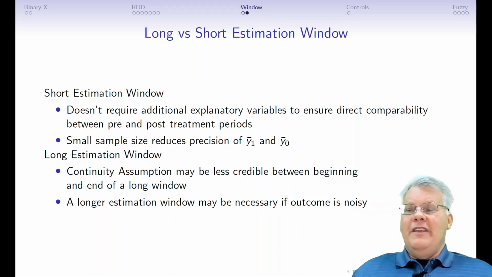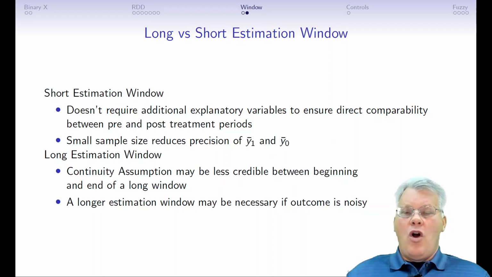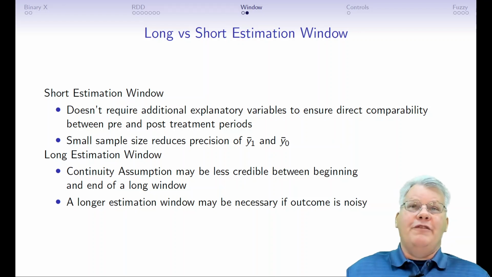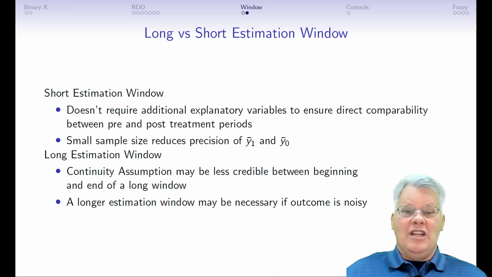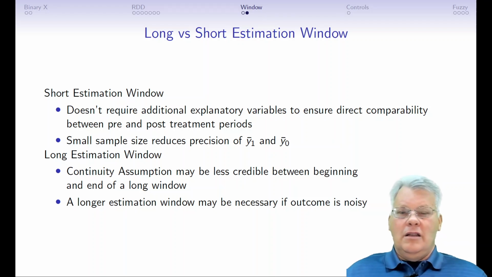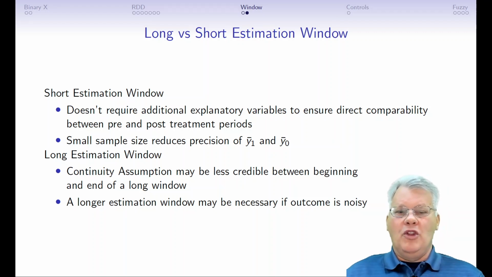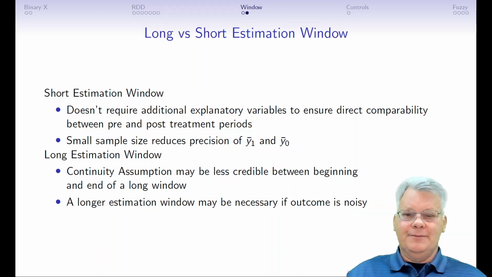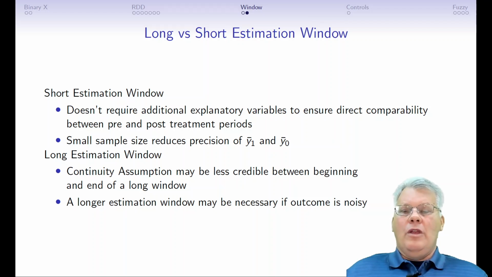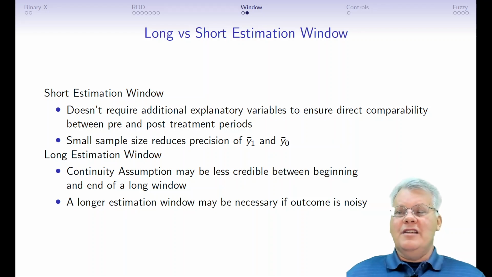The problem with this is we might have a harder time justifying that the continuity assumption is met, and we may need additional explanatory variables to ensure more direct comparability between these two groups. Right? And finally, it may be necessary to do this if the outcome is noisy.